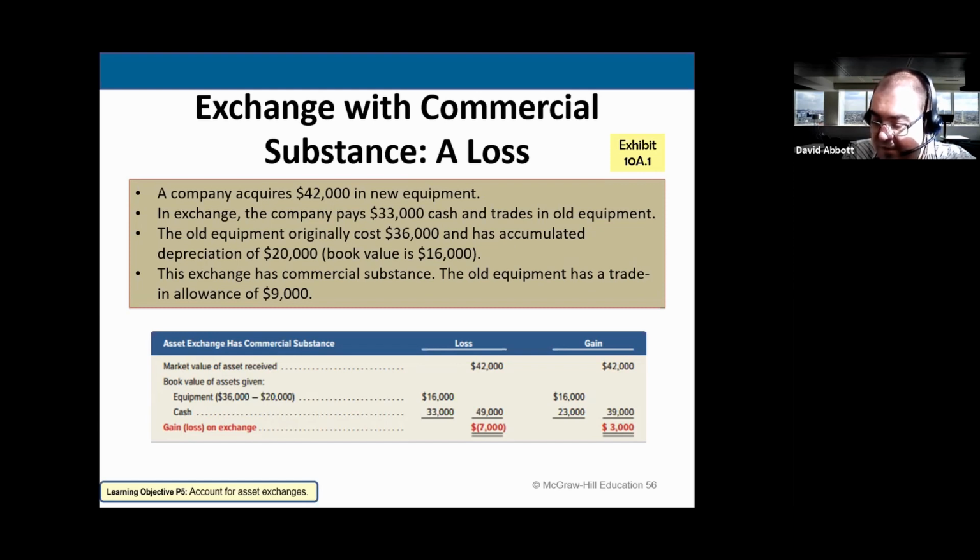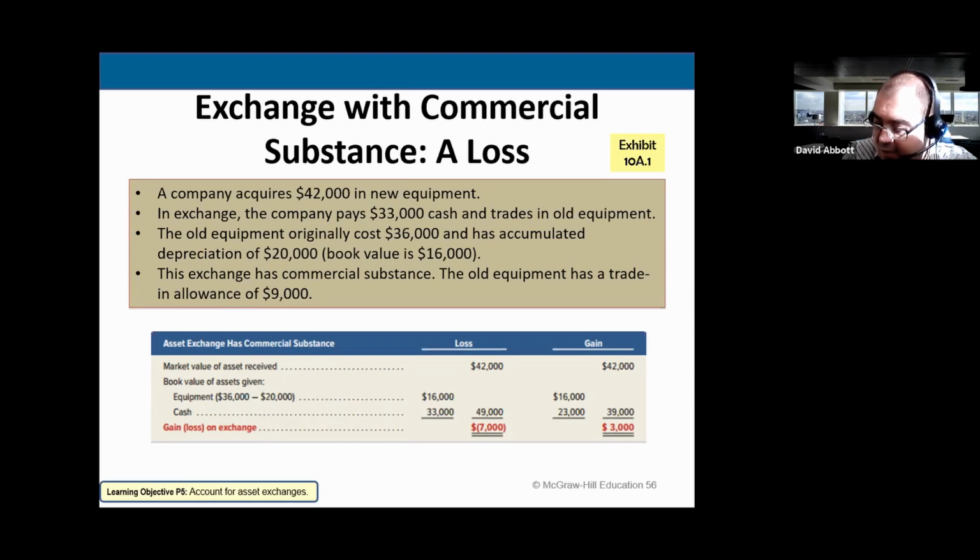Let's assume the same facts as in the preceding asset exchange, except that the company pays $23,000 cash, not $33,000, with the trade-in. This exchange has commercial substance. The old equipment has a trade-in allowance of $19,000. This exchange yields a gain as computed on the rightmost gain columns of Exhibit 10A.1.